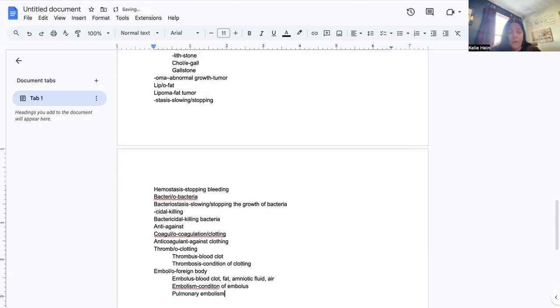Or an air one that goes to your lungs. This is going to be that foreign body or that clot that has now lodged in the lungs. Okay. That's bad news, right? We don't like a pulmonary embolus. We don't like a pulmonary embolism. Okay. That is bad news.